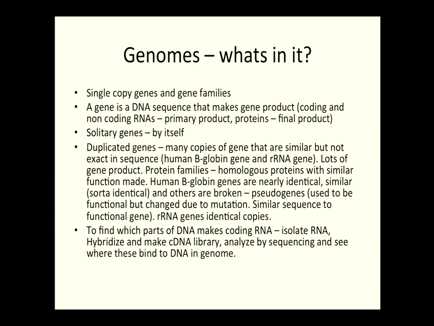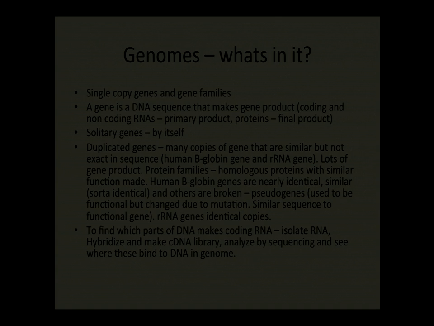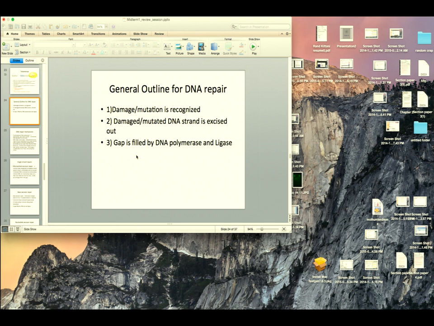By hybridization methods, you make a cDNA library, and then you sequence it to see what the nucleotide sequence was, or you bind it to the DNA to see where it binds in the genome, and that way you can find out the location of the genes that code for mRNA. Okay.